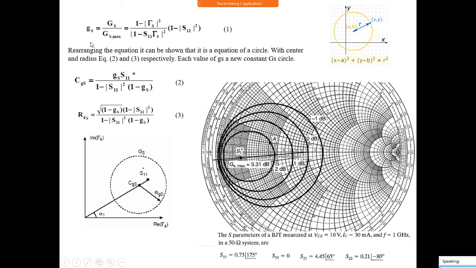It depends upon Gs. Whatever the Gs value is, you substitute it and get the center as well as the radius. You take this as the center and this as the radius and draw the circle on the Smith chart.